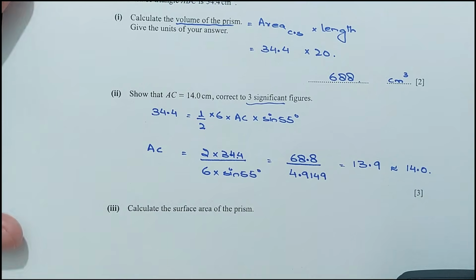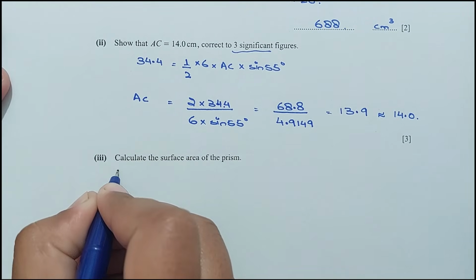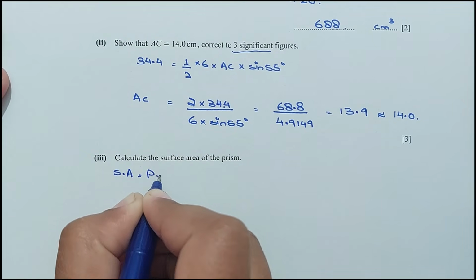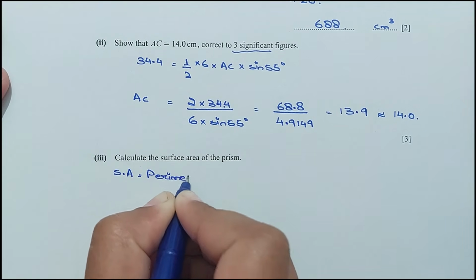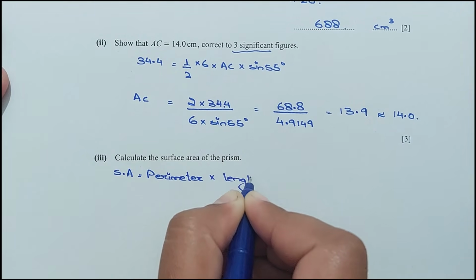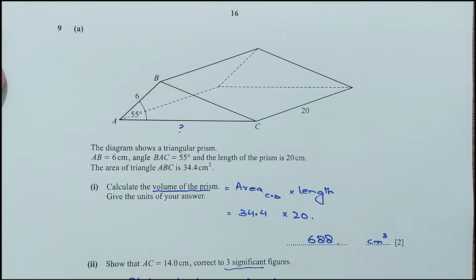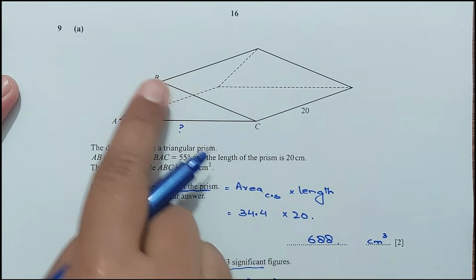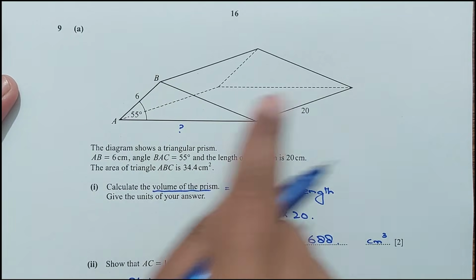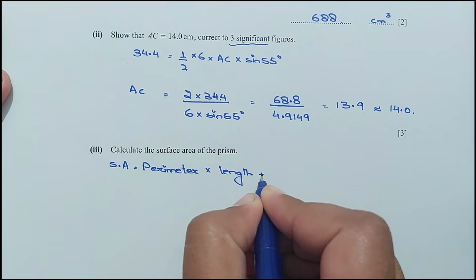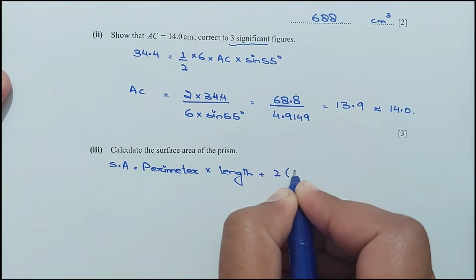Now for part 3, calculate the surface area of the prism. The surface area of a triangular prism is basically the perimeter of the base times the length, plus 2 times the base area. The perimeter of the base is AB, which we know, AC, which we got, and we have to find BC.